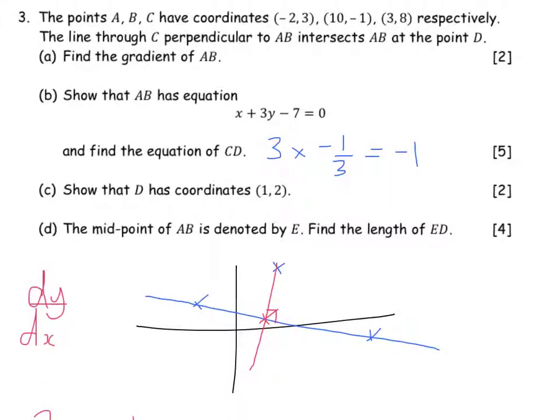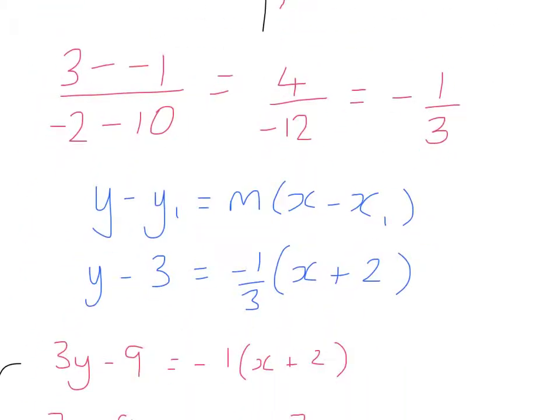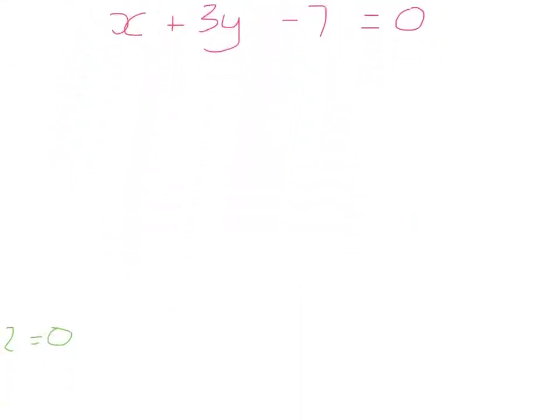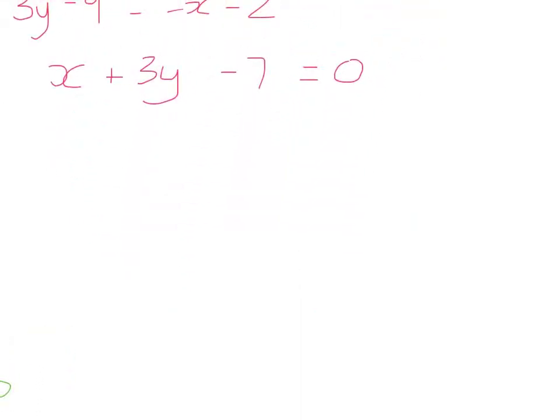Substituting in C's coordinates of 3, 8 into my y minus y1, we'll find the equation of that line. So y minus 8 will equal 3x minus 3.